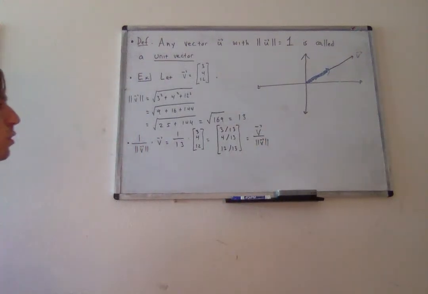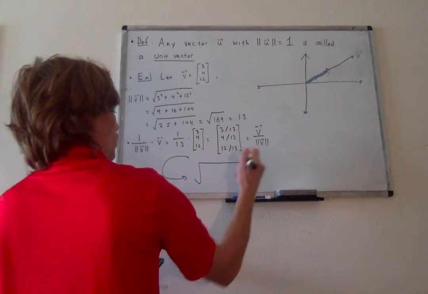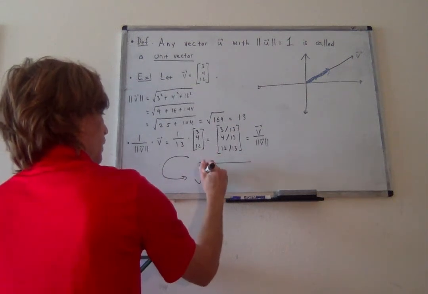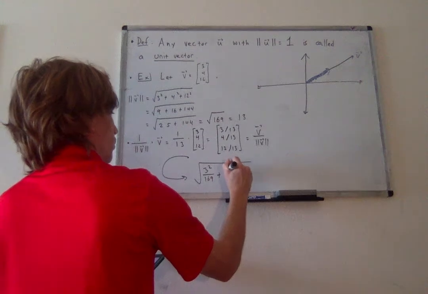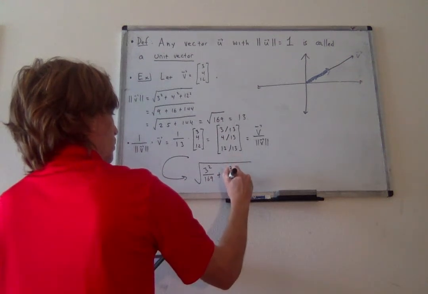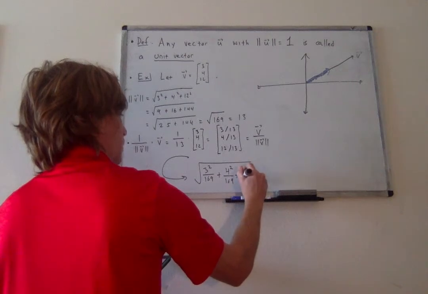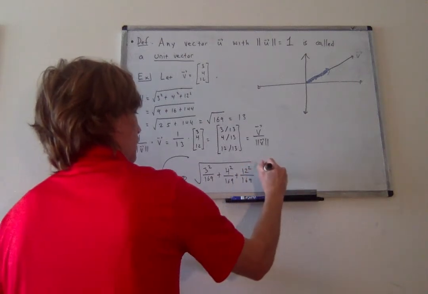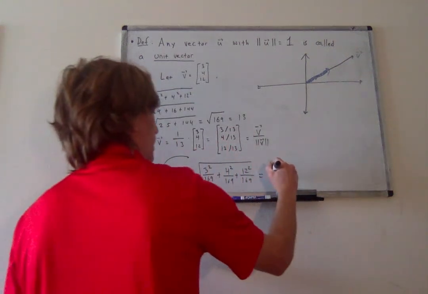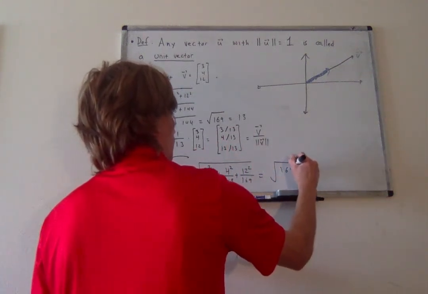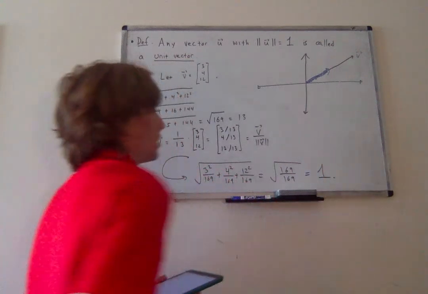But what if we took the norm of this vector? Well, this would be the square root of 3 squared over 169 plus 4 squared over 169 plus 12 squared over 169. We know the sum of these three numbers squared is 169, and so this is equal to the square root of 169 over 169, which is equal to 1.